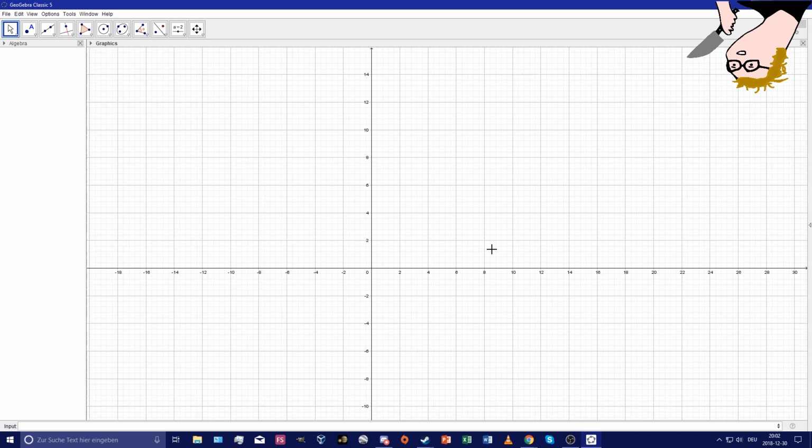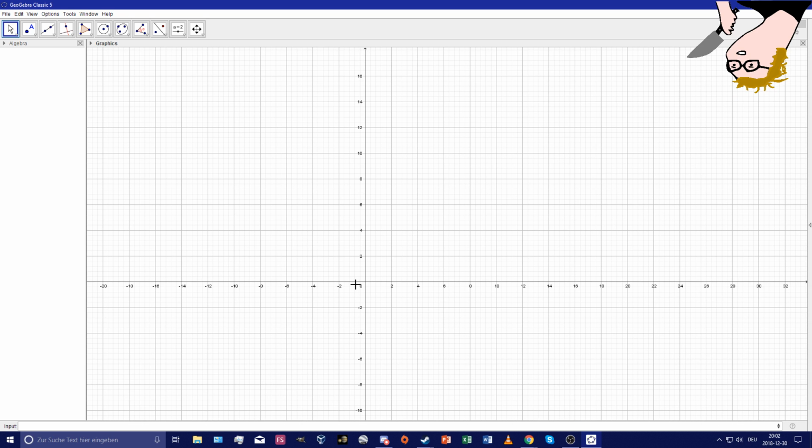So you got your 2D plane over here, X and Y values. You can set points, lines, angles, circles, anything you want, basically. For example, you have this input line in which you can directly enter functions.